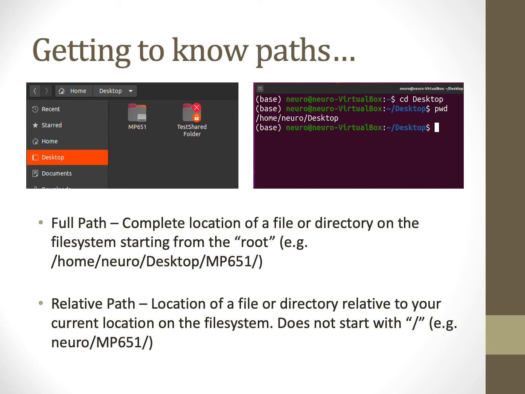For example, if on our terminal we were inside our home file system location, the relative path to MP651 would then be neuro and MP651. Note that it does not start with slash, as that would denote the root directory.